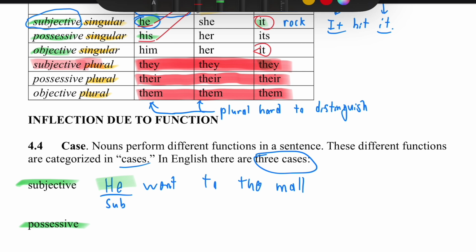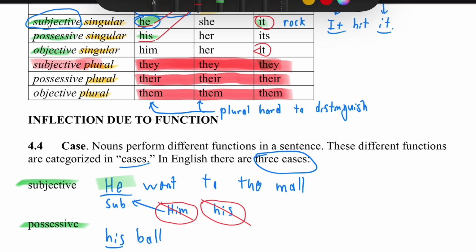So it's in the subjective case. You wouldn't say "him went to the mall," nor would you say "his went to the mall." So the case matters. And then you could say, in the possessive case, an example would be "his ball."